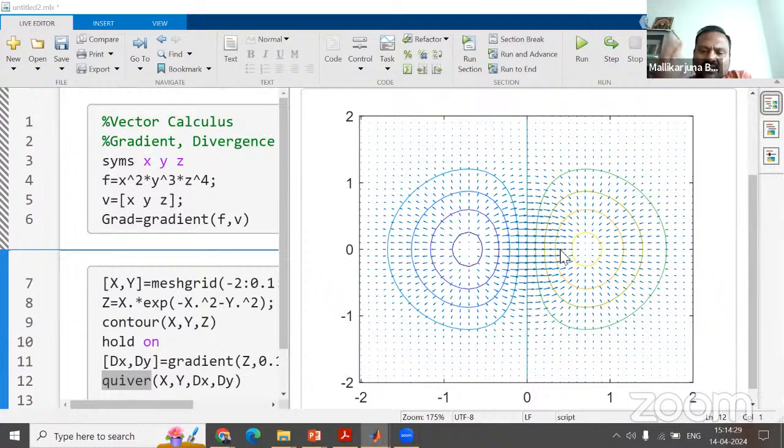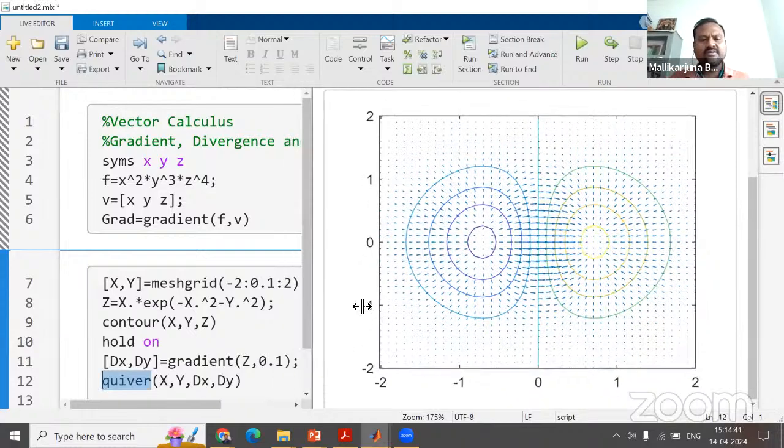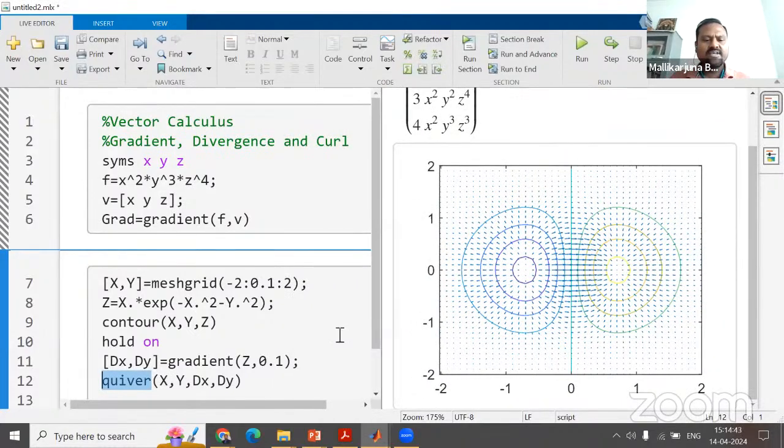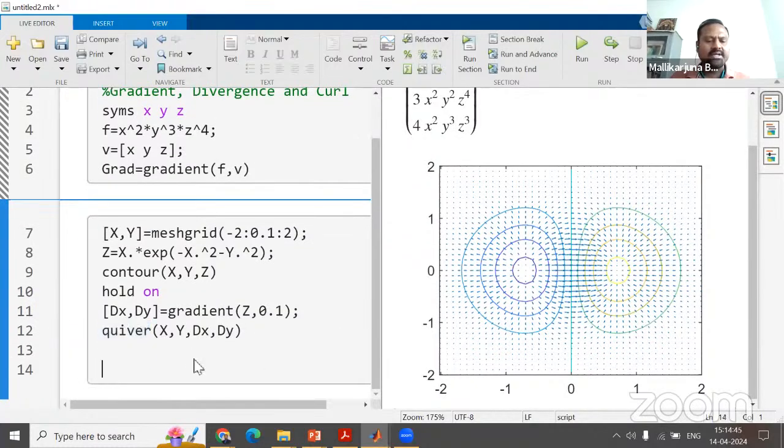So that is the meaning of gradient. The physical, geometrical interpretation of the gradient is normal to the surface. So this is the meaning. Okay. So the same way you can practice the remaining.